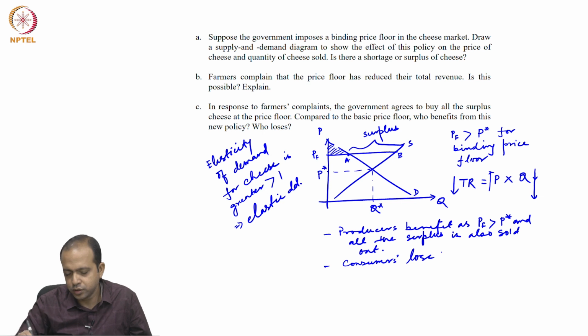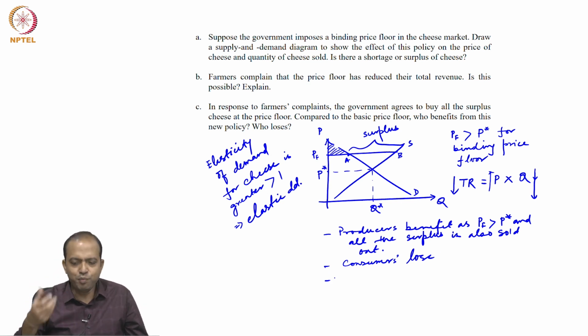Consumers lose. And see, when the government is buying this extra cheese, who will finance the government to buy all this? It is the taxpayers' money.